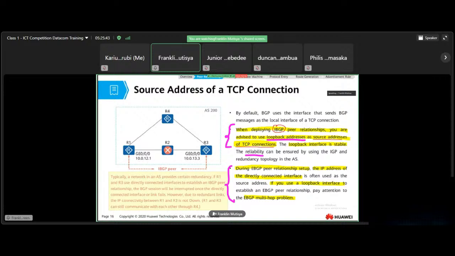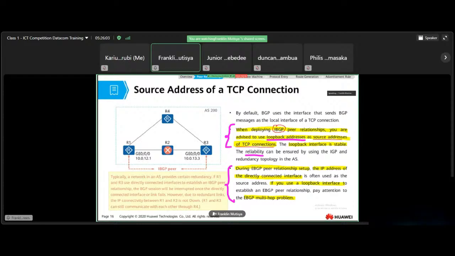Because the loopback address is stable, so reliability can be ensured by using the IGP and redundancy topologies.